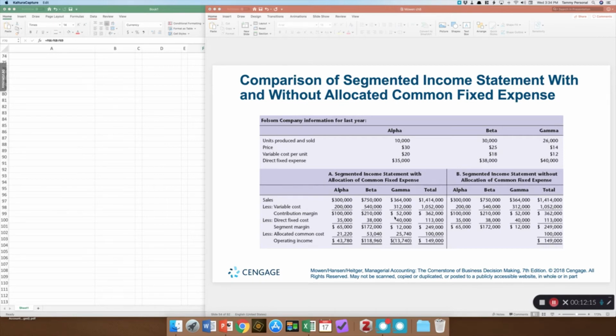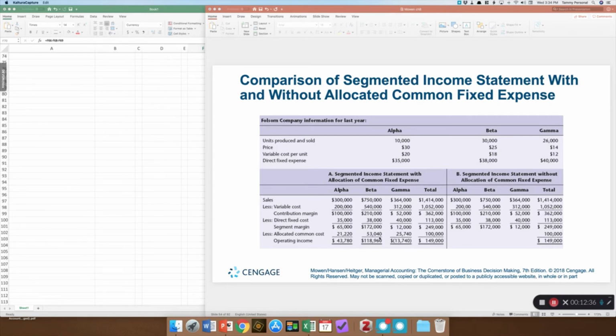But the thing is, right, these common costs don't go away. If you get rid of gamma, what happens to your common costs? Well, now that $100,000 in common cost would have to be spread through only alpha and beta.